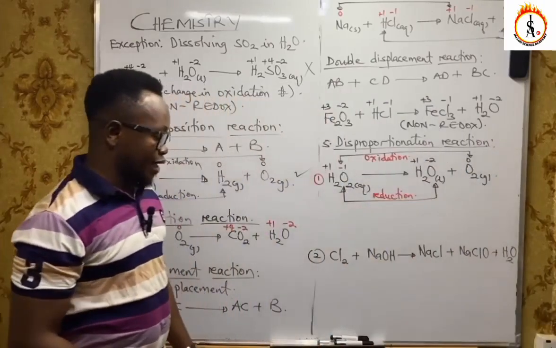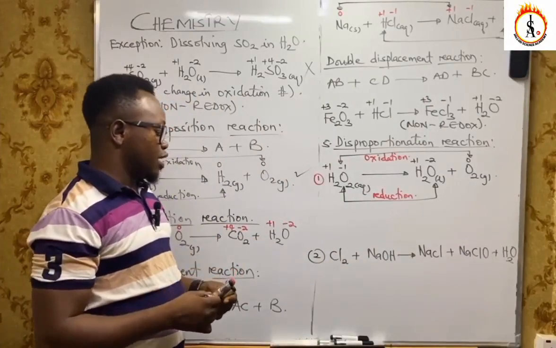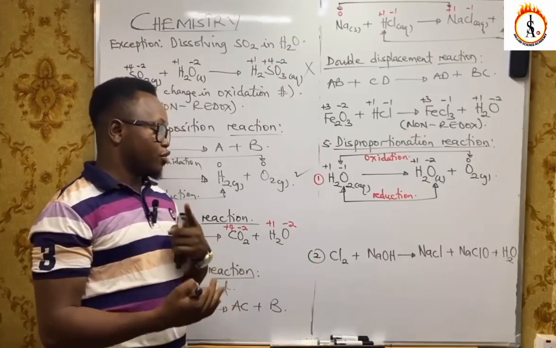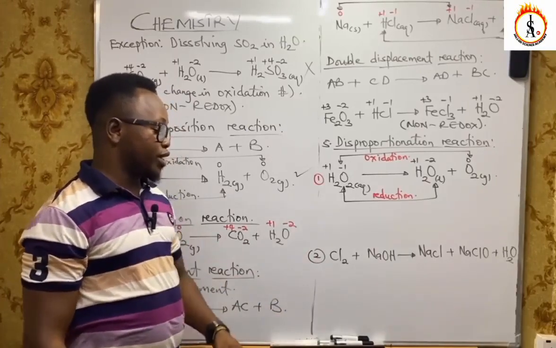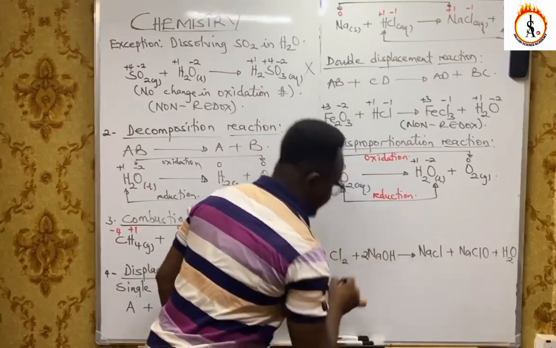So when you react chlorine and sodium hydroxide, you are going to get sodium chloride, sodium oxochlorate, and then you get water. So if we want to balance this, we can place 2 in front of this.